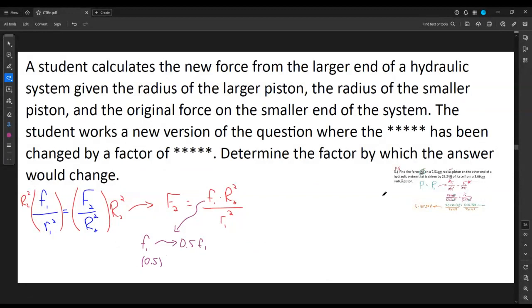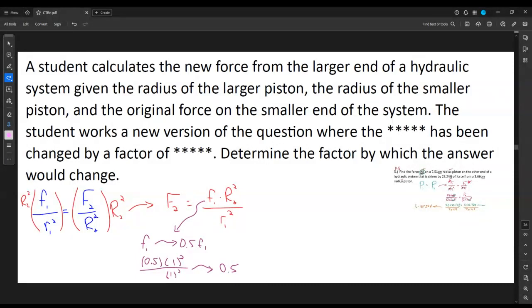If the big radius isn't changed between different versions of this question, then the ratio there is going to be 1, and then squared because of the exponent in the question, and then similarly on the bottom, 1, and then squared. So technically what we have is 0.5 times 1 times 1, divided by 1, because that's a bunch of 1s, so we just keep that factor, which for my made-up example was 0.5.